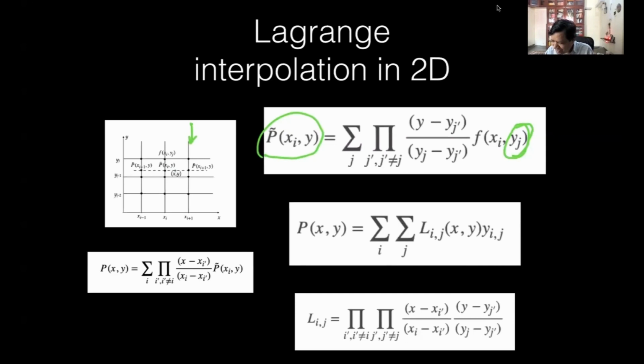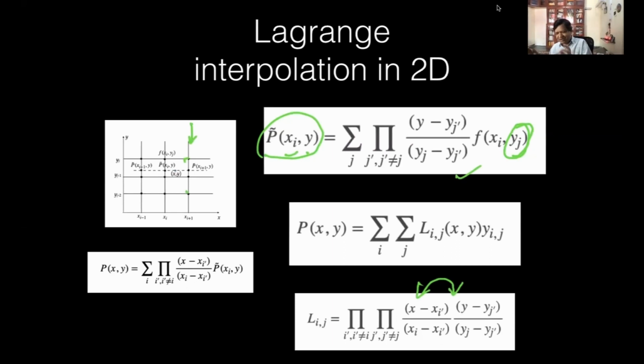So I estimate for given xi, for y, I just use the vertical direction, I compute it. So the Lagrange polynomial will be the product of two polynomials, an x polynomial and a y polynomial.